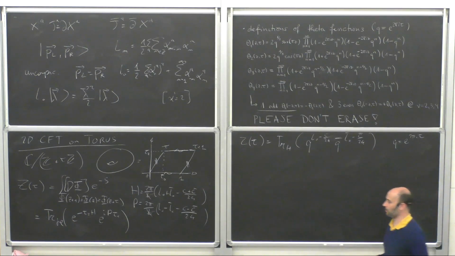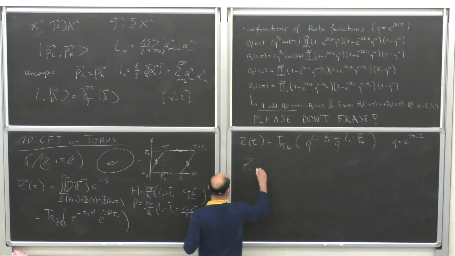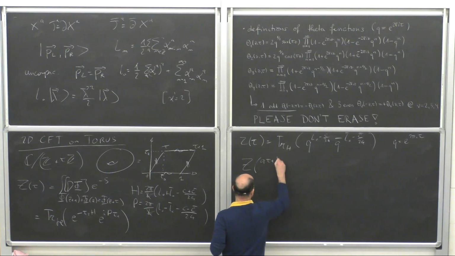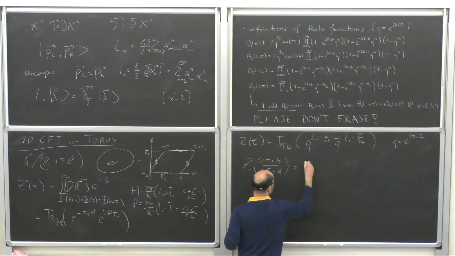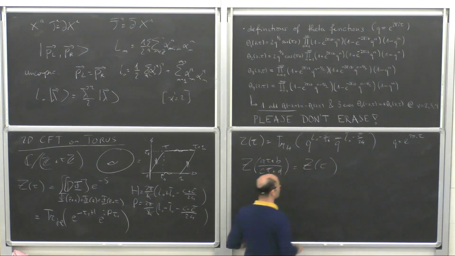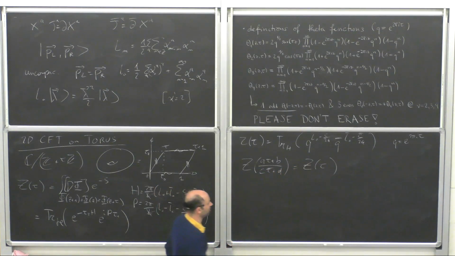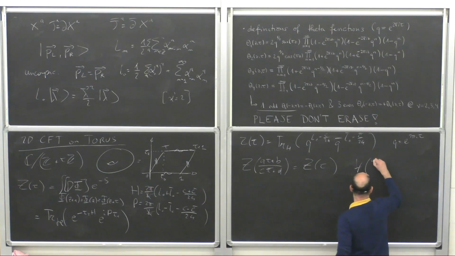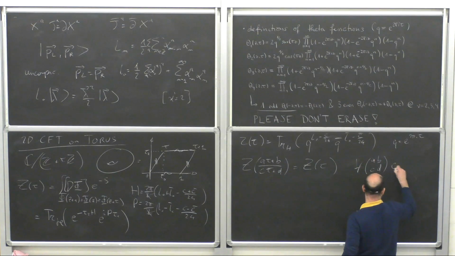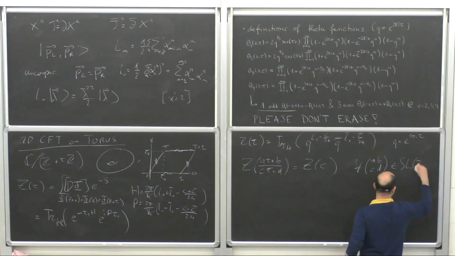So what this means is that our partition function should be invariant under SL(2,Z) transformations. This follows from conformal symmetry.